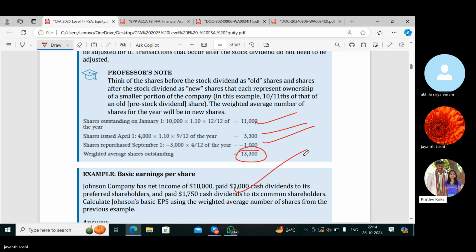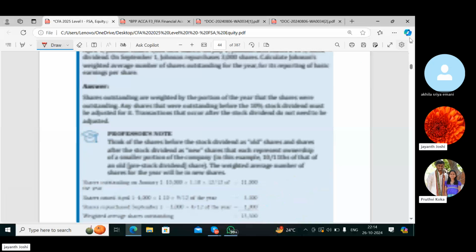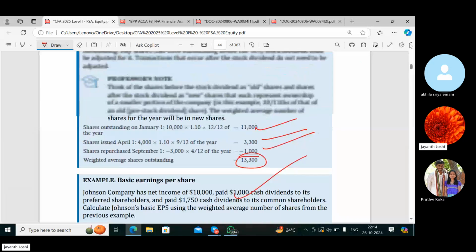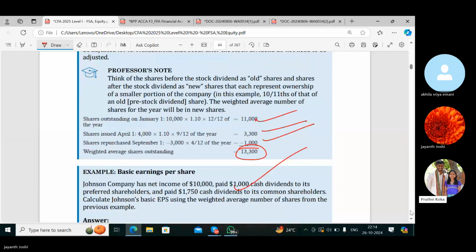So it's the same company. Yeah, Johnson Company. So we should take the same company. One part of this is done. So you have to do only the numerator part. That's what I was saying.